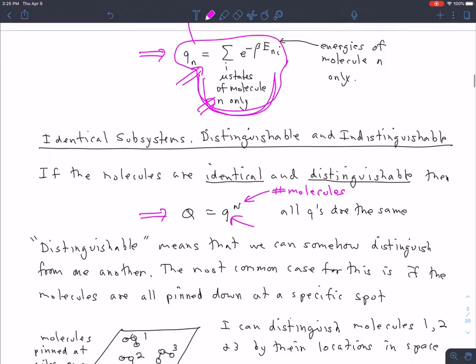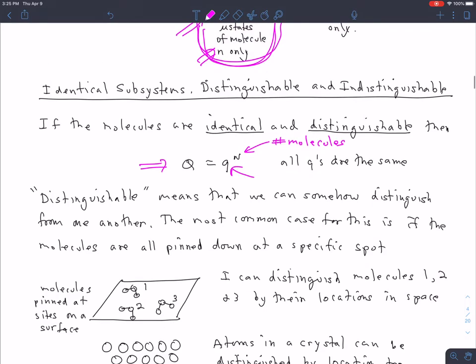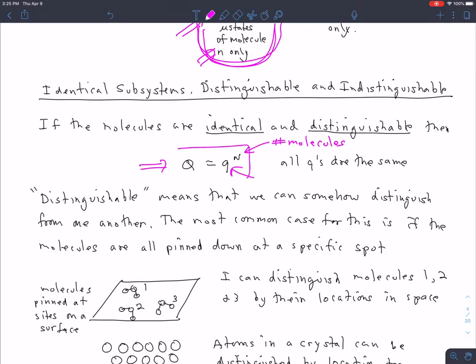However, there is one slight complication, and that's that this relationship is only true for distinguishable molecules, or distinguishable subsystems, in this case molecules. Distinguishable means that there's some experimental way that we could tell them apart. If you're in a gas and you somehow grab one molecule in the gas, can you tell which molecule it is?